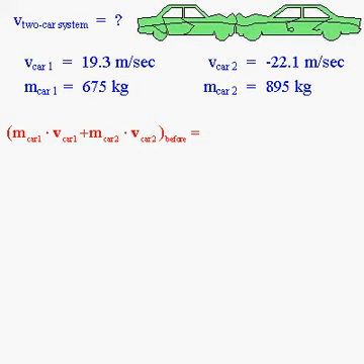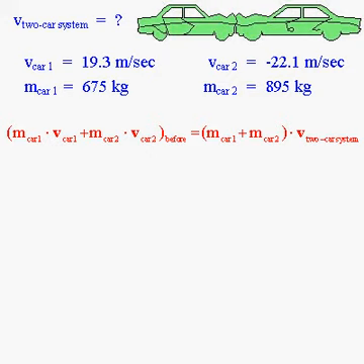The two cars are moving as one, so they really just make one object. The mass of that one object is the mass of car 1 plus the mass of car 2. To get the momentum then, we just multiply that total mass by the velocity of the two-car system, which is what we're trying to solve. So the equation you see there is the mathematical representation of momentum conservation for this particular situation.